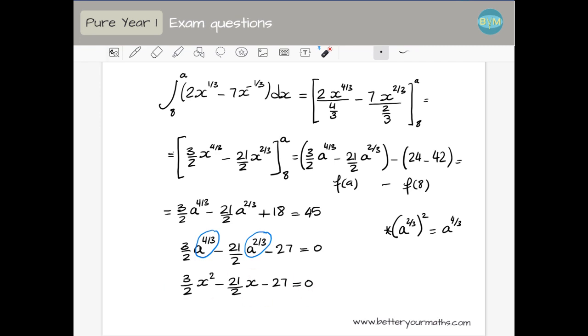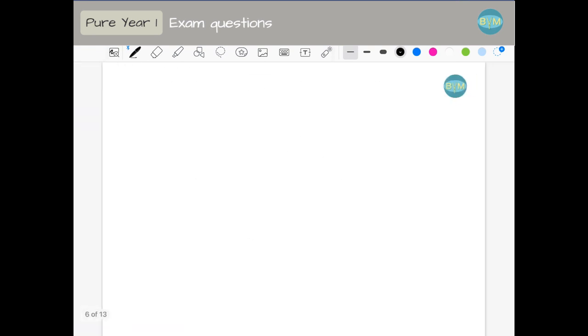Now you solve the quadratic. We can multiply everything by 2 to get rid of the denominators, and divide by 3 because all of them are multiples of 3. So I can rewrite my equation as 3x squared minus 21x minus 54, divided by 3, so x squared minus 7x minus 18.